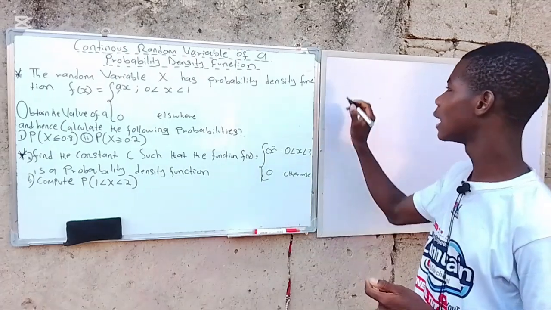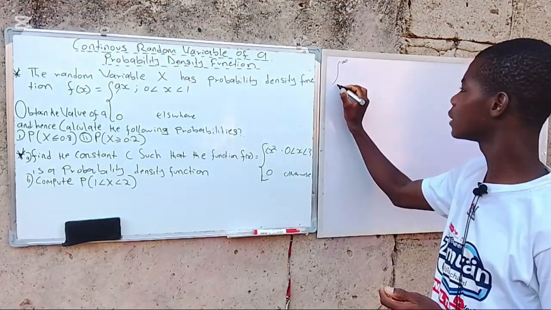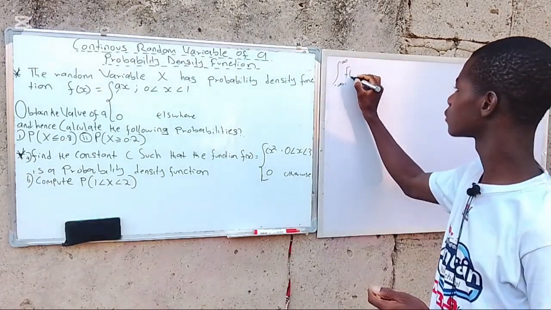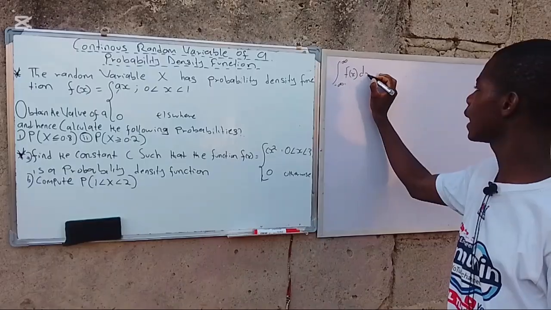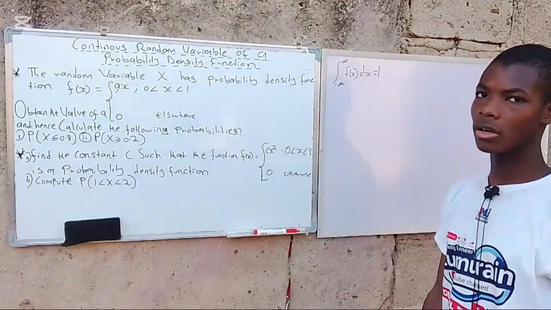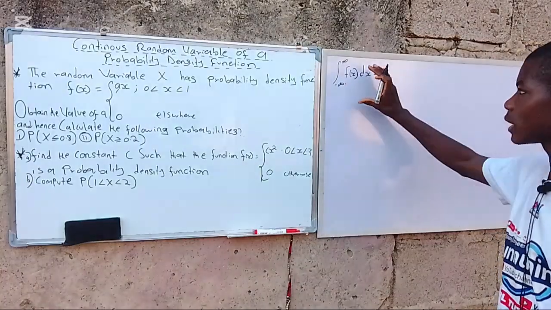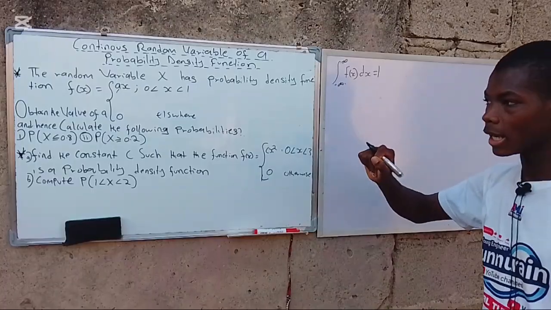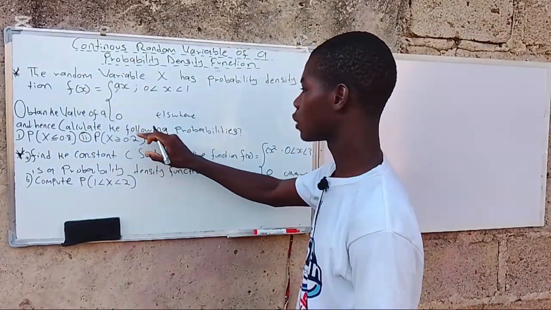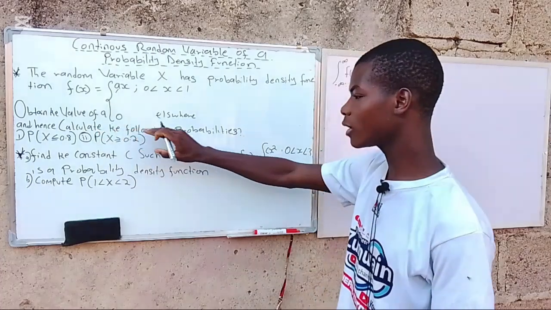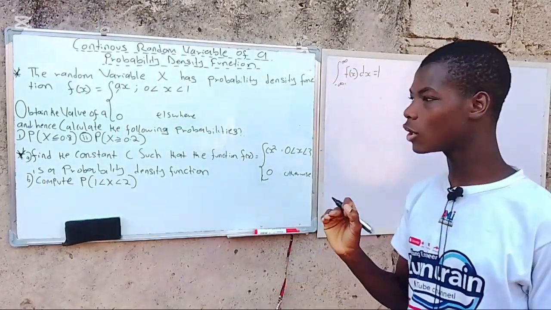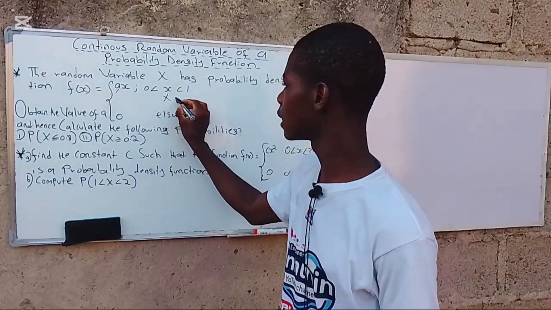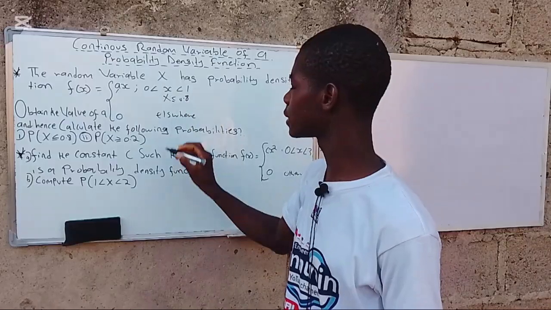We all know that the integral from negative infinity to infinity of f of x dx is equal to 1. After using this to find the value of a, we are asked to calculate the probability that x is less than or equal to 0.8.